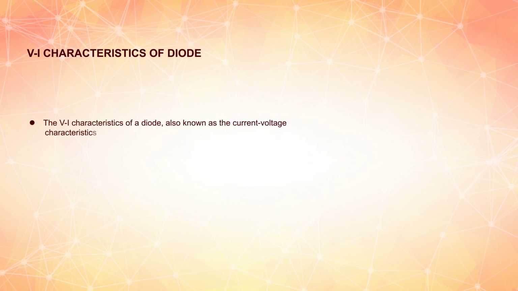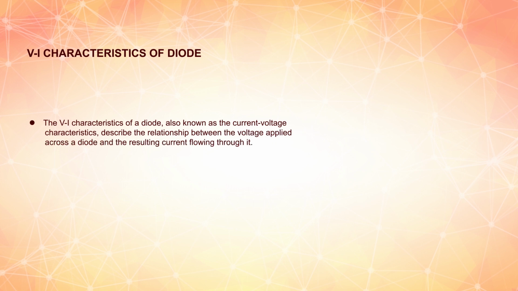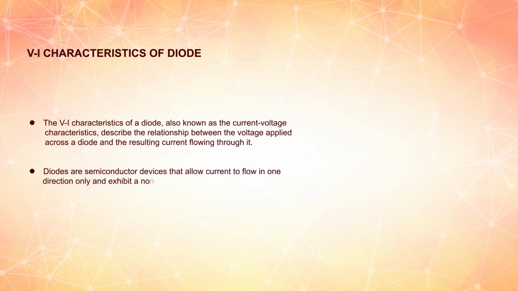Now, let us study something about the VI characteristics of a diode. The VI characteristics of a diode, also known as the current voltage characteristics, describe the relationship between the voltage applied across a diode and the resulting current flowing through it.